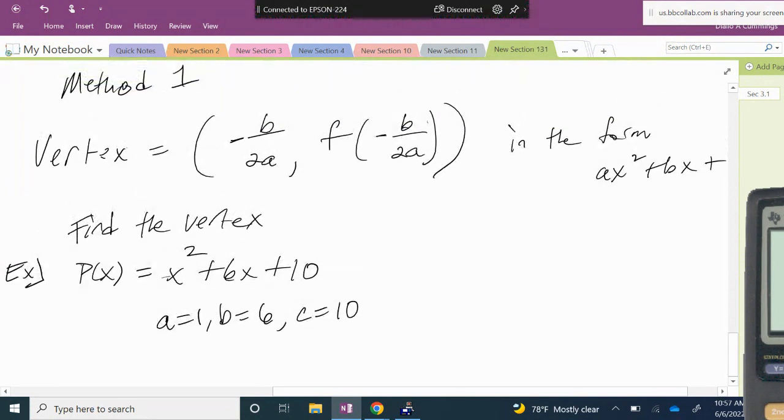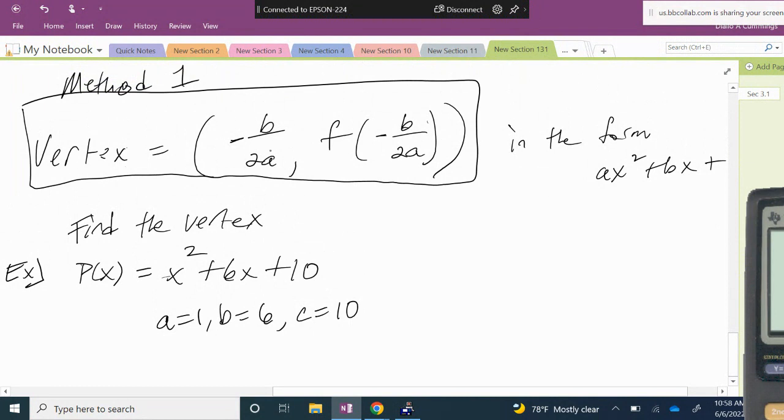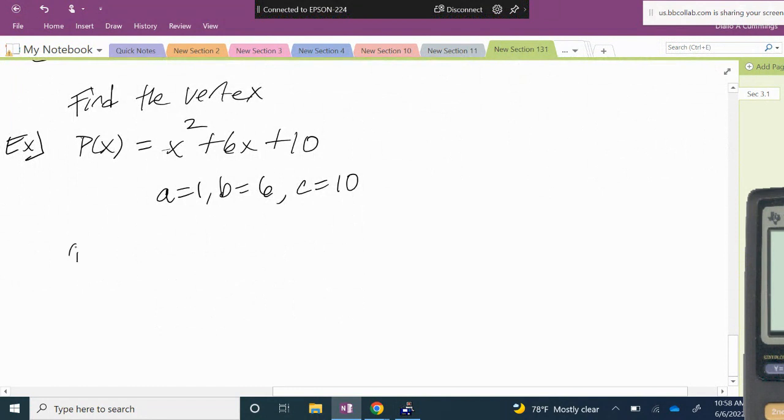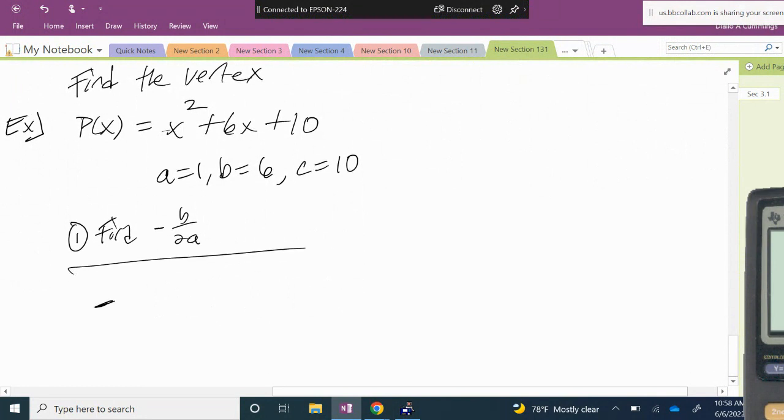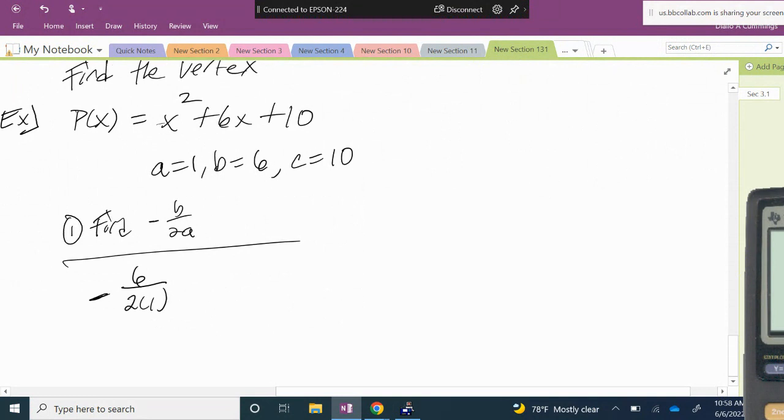First I'm going to find the x coordinate of our vertex, negative b divided by 2a. I'm simply going to substitute: negative, which is from my formula, b, which is 6 from the quadratic equation, over 2 times a, which is 1.